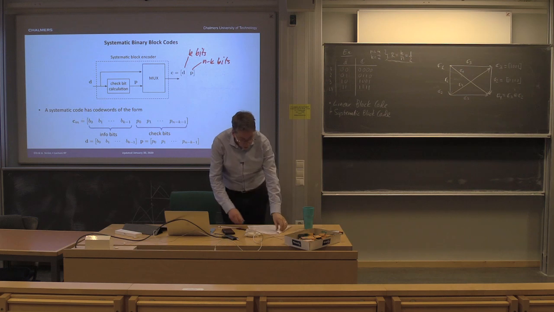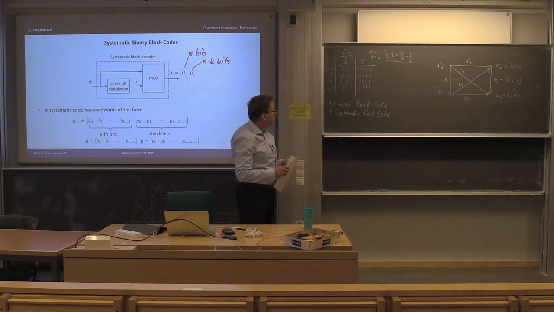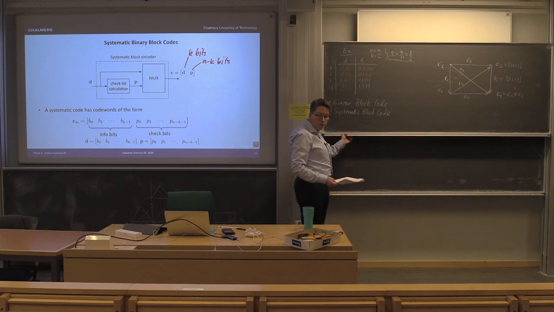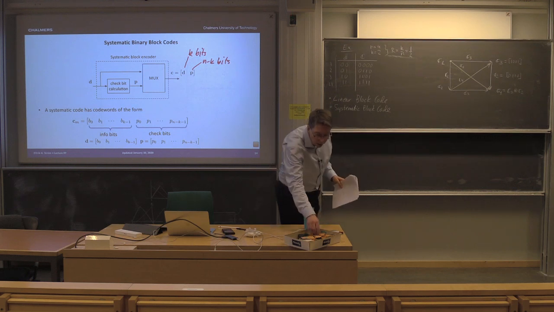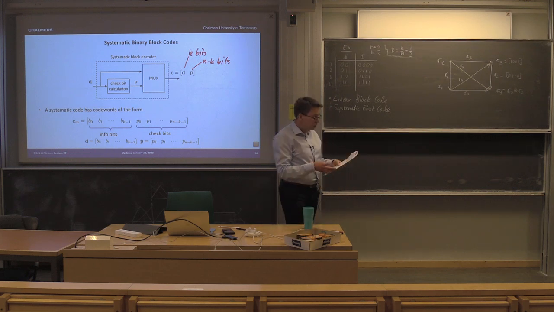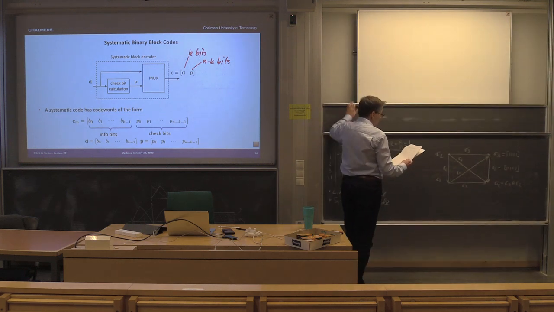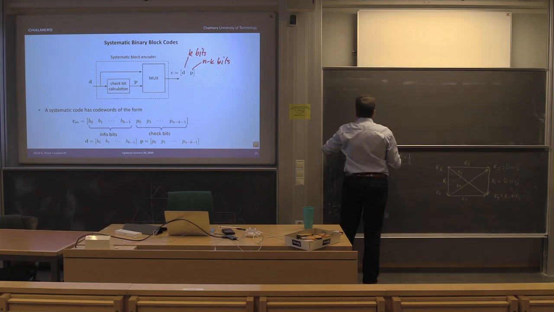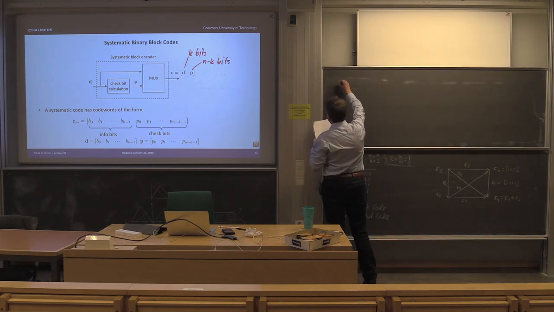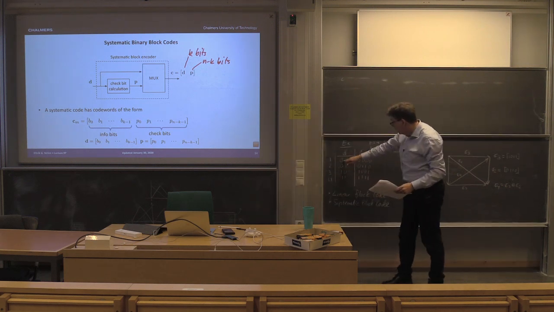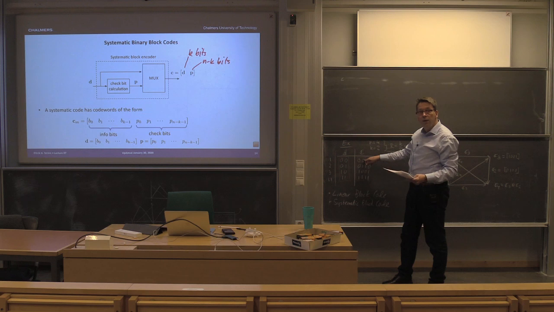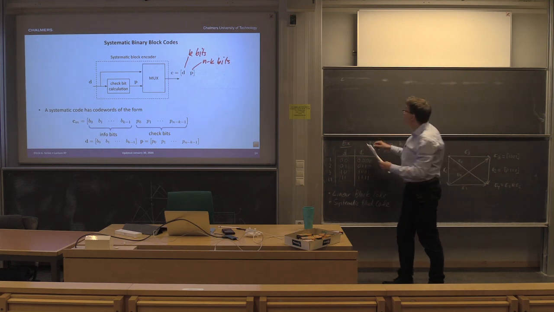Now, we will use these block codes for doing error detection, and errors occur on the physical layer. So we talked about the physical layer a little bit, and a model of this is that we have some data, and then it's encoded into a code word. These code words need to be transmitted over the channel.